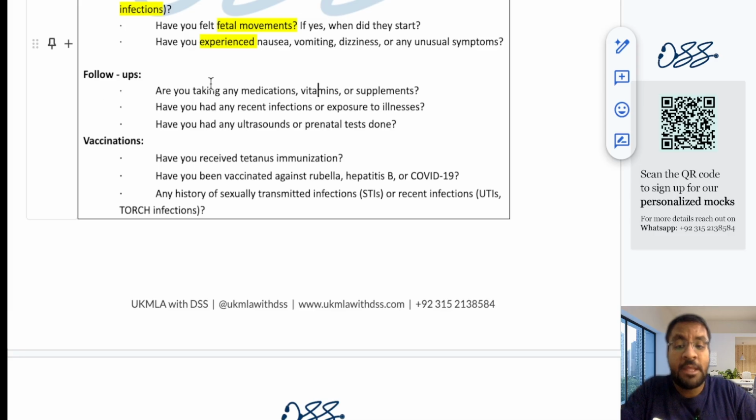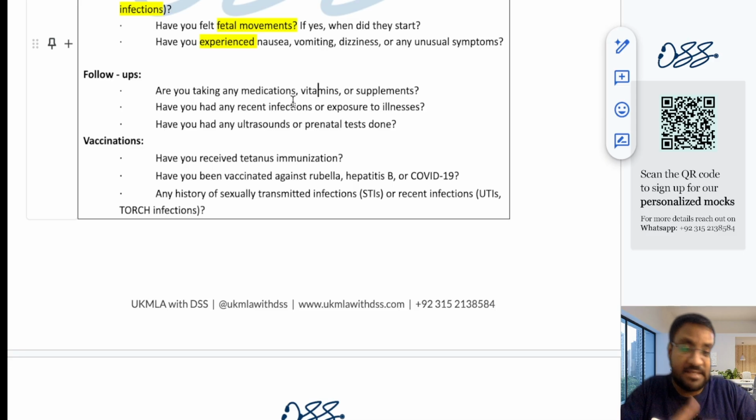All right, then follow-ups and the compliance basically. Are you taking any medications, any vitamins or any supplements? You may have to take folic acid. You may have to take multivitamins to make sure that your baby is well nutritionally covered. And then you got to ask, have you had any recent infection or exposure to illnesses?